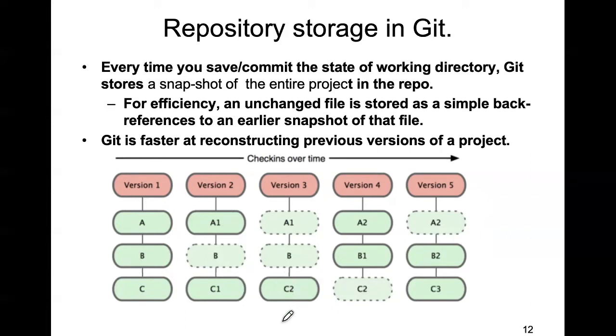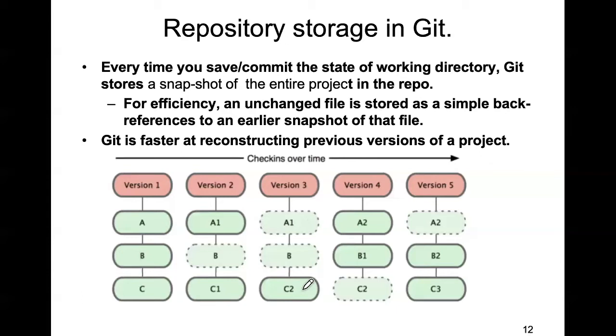So every time you commit changes that you have made to your files and folders in the working directory, what Git actually does is it stores a complete copy of the changed files internally.